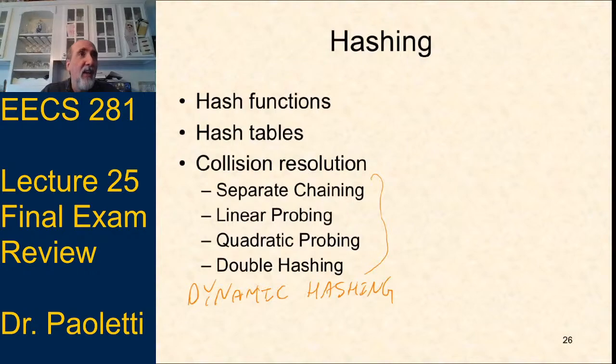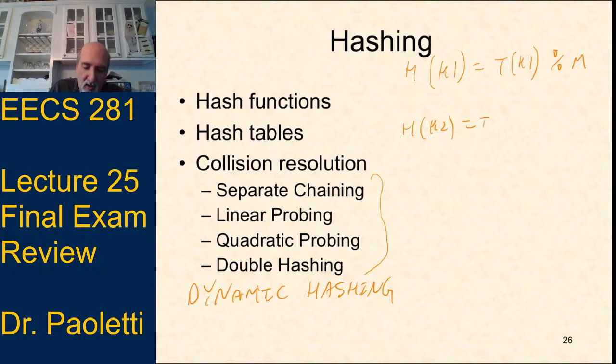Imagine I did the hash function: I've got key 1, h of key 1 is equal to the translation of key 1 modulo m, and h of key 2 is equal to the translation of key 2 modulo m. Now let's say that the translations of key 1 and key 2 went to similar places.